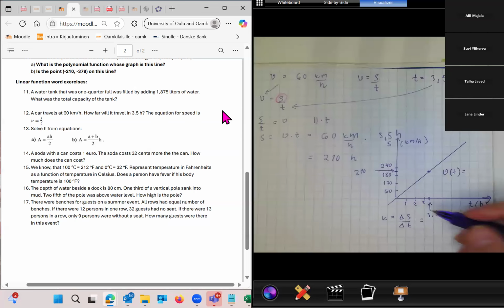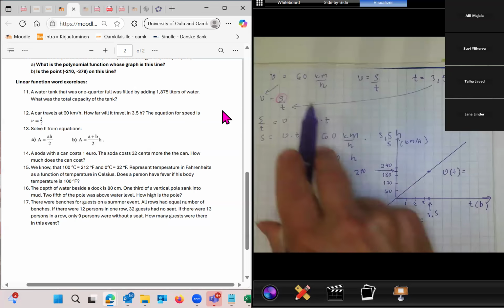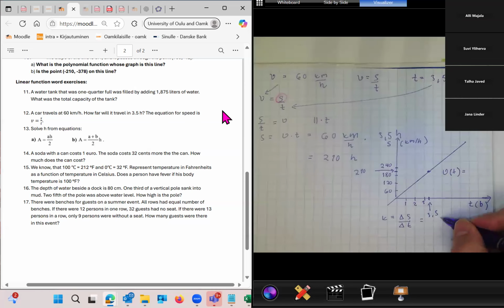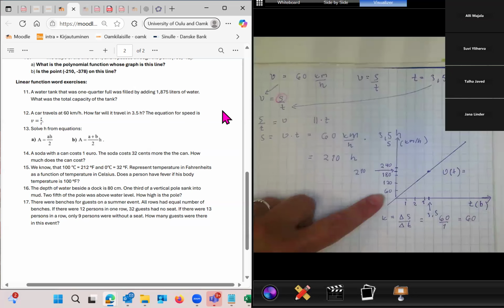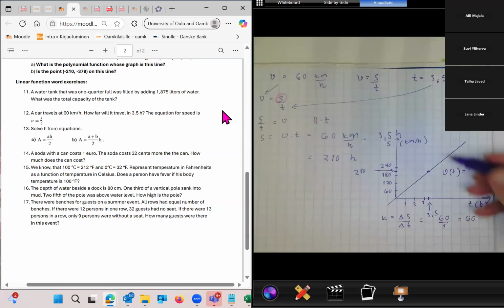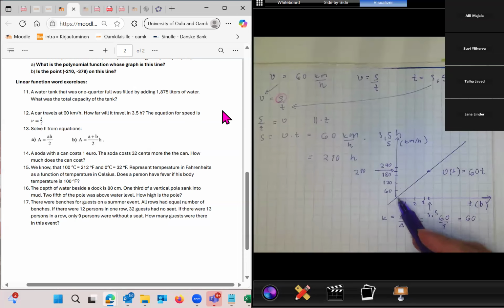If we take one here, we already knew it also from here, it changed 60 with 1, yeah. So here our k, when we divided this, would be 60. And when we are in these units, you calculate the t, yes. And then the intercept here is at 0, so you won't put a +0 or anything.